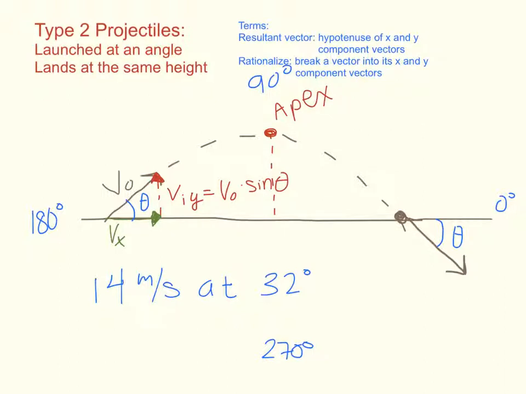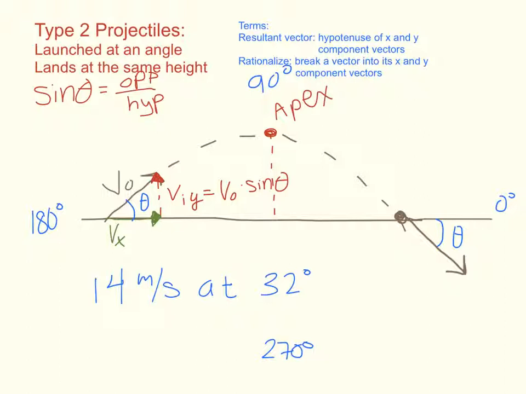In case you're not sure where that comes from, remember that sine of an angle is equal to opposite over hypotenuse. So what I'm saying then is sine of theta is equal to opposite, which is viy, divided by hypotenuse, which is v naught.